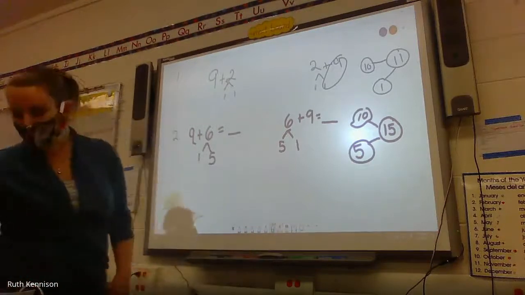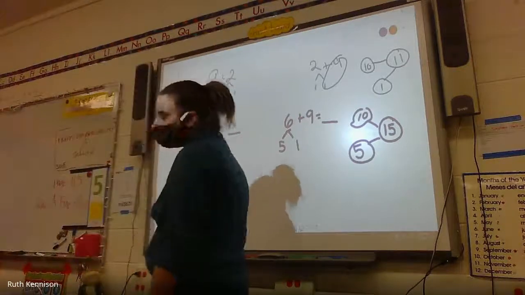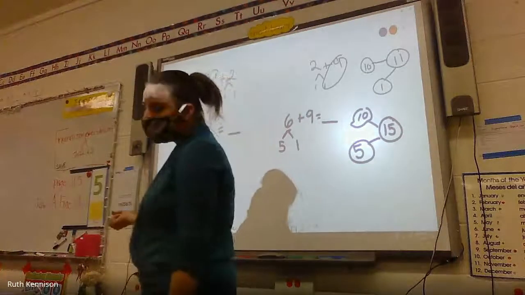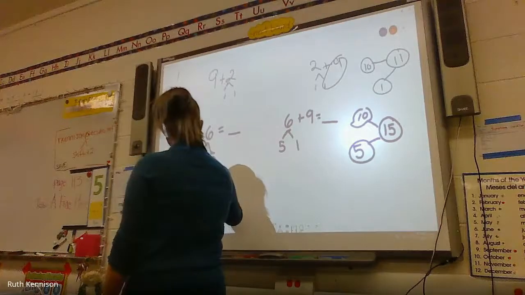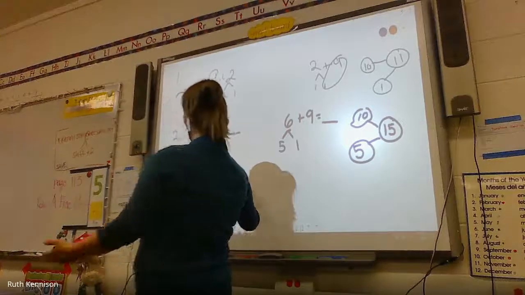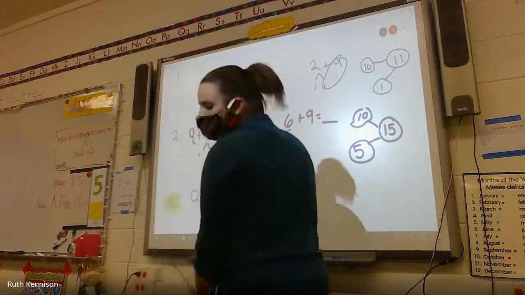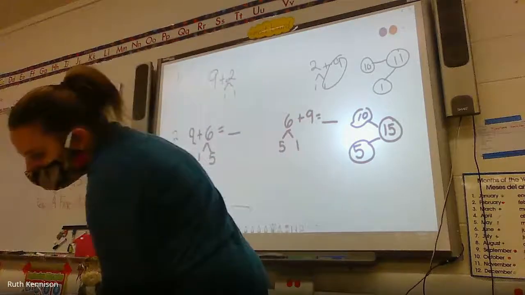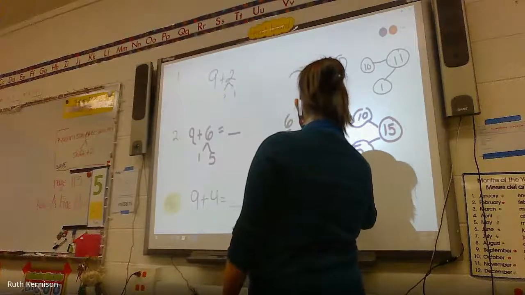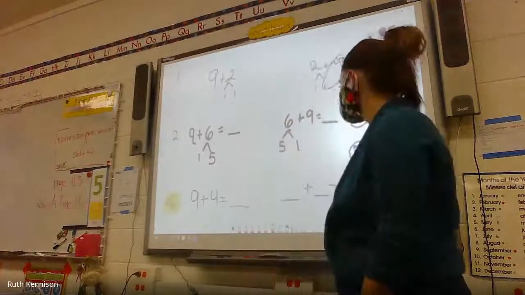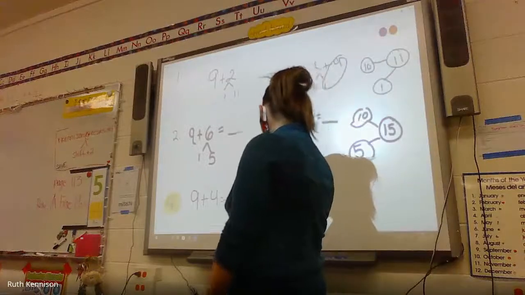Now number 4. What it's going to look like, it says 9 plus 4 equals what? And then it's going to have something that looks like this. Blank plus blank equals what?